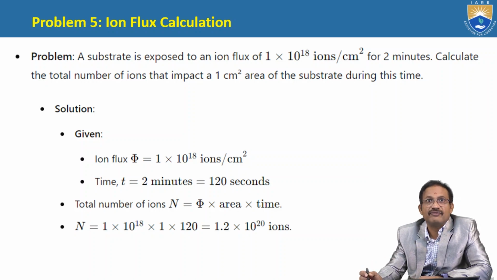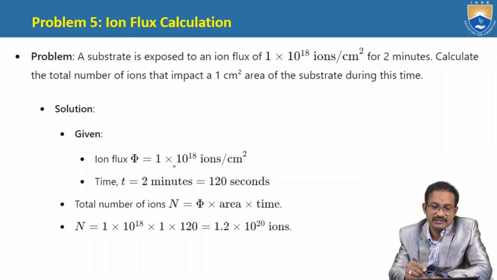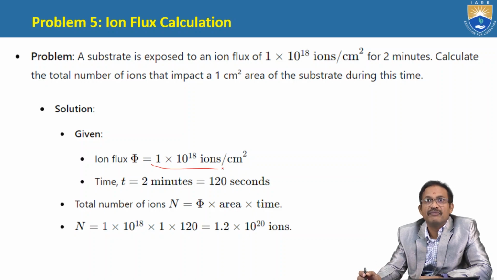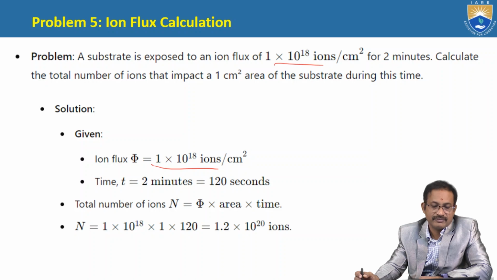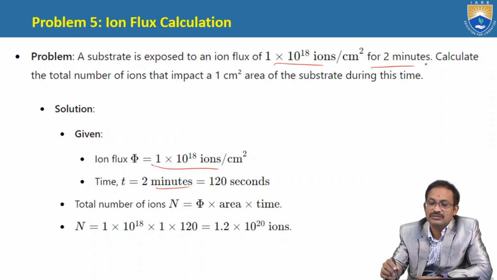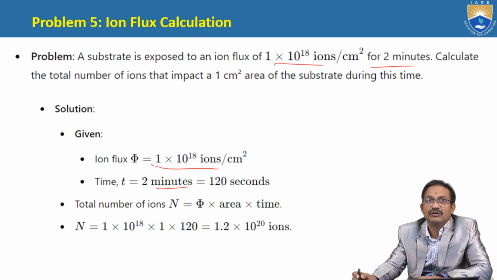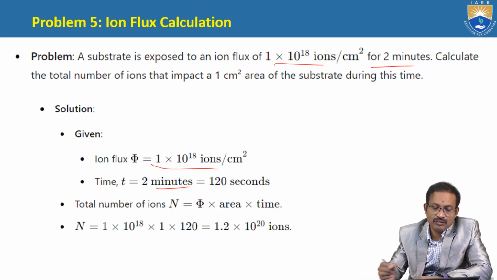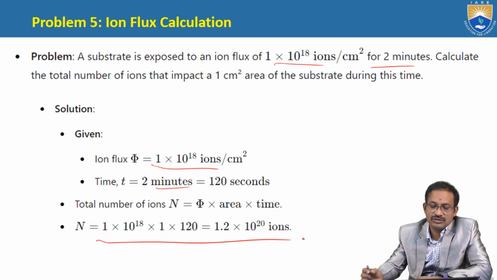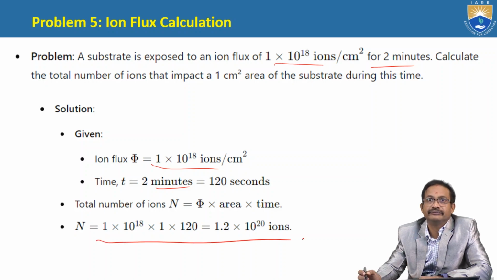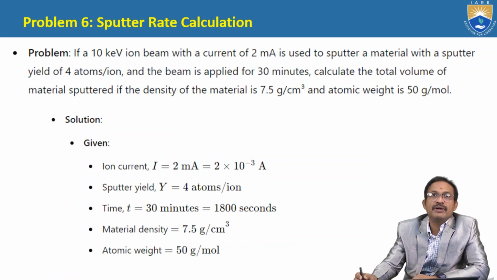The ion flux phi is given, that is 1 into 10 power 18 ions per centimeter square. And time t, 2 minutes, is given. And the total number of ions n equals phi into area into time. So substitute the values so that we get this value. Right. Problem number 6.